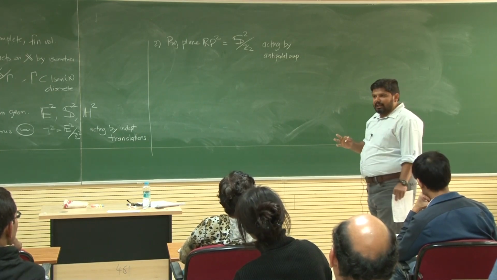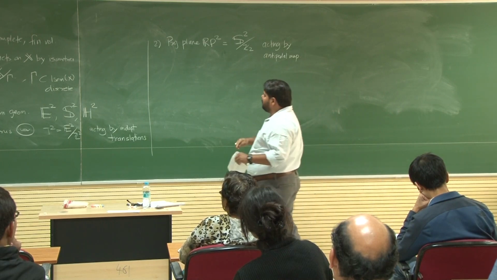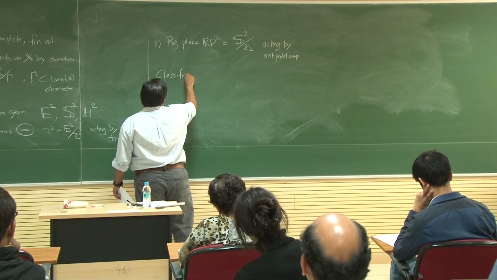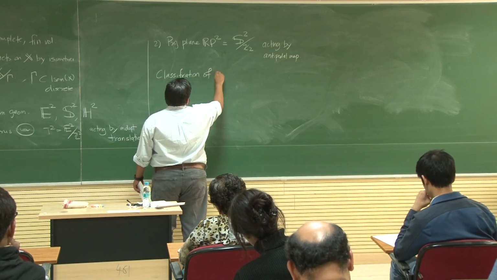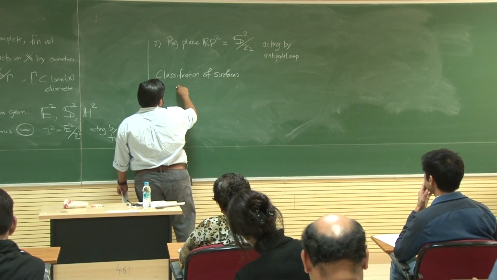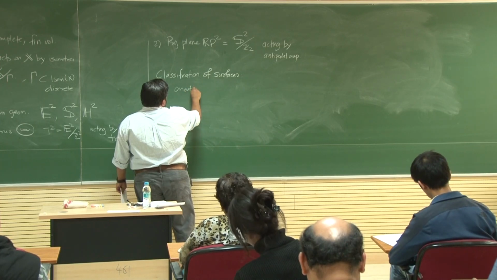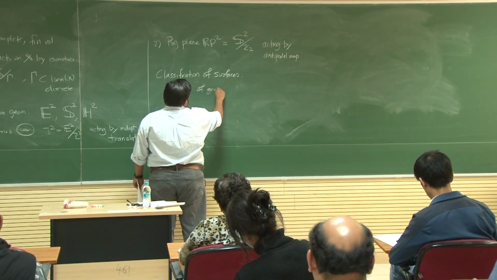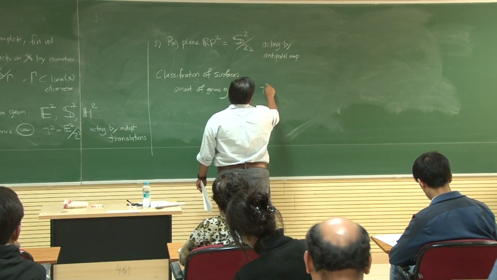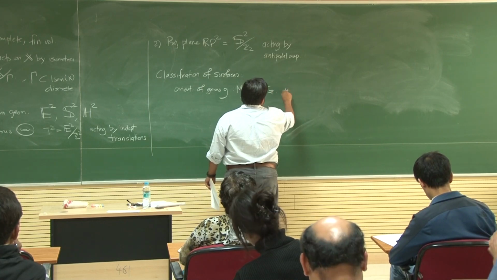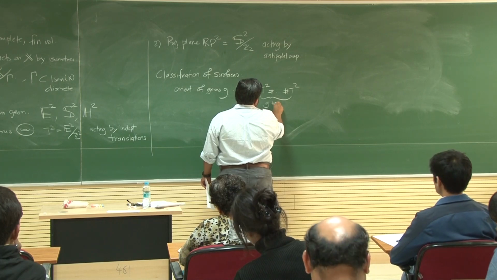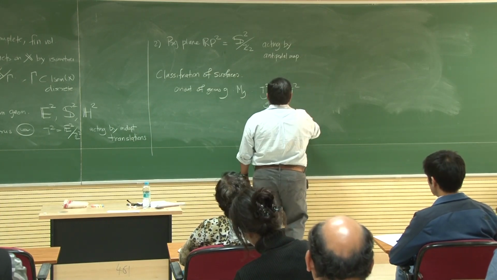Yes, so does everyone know the classification of surfaces? The surfaces come in 2 types: the orientable ones and the non-orientable ones. So, you have orientable of genus g, which I will call Mg, and these are connected sums of g tori.